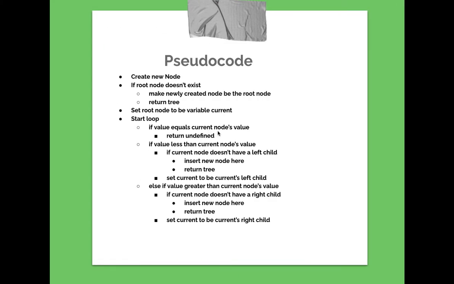Next, if value is less than the current node's value, then we are going to enter this block of code, and then it has else if value is greater than the current node's value, we're going to enter another block of code.